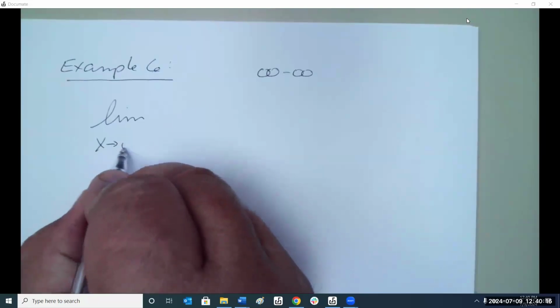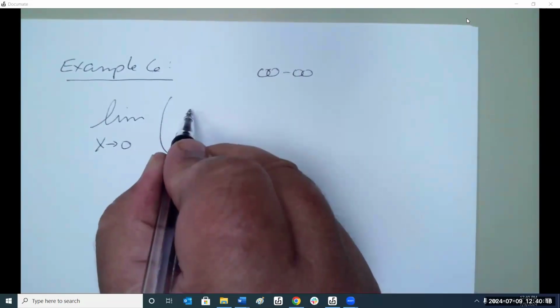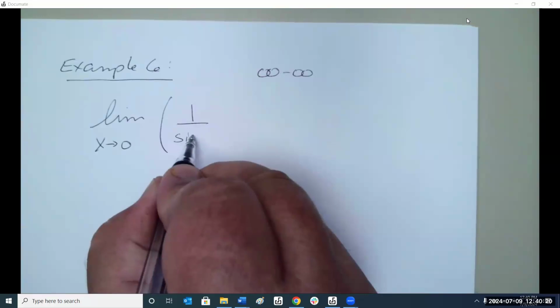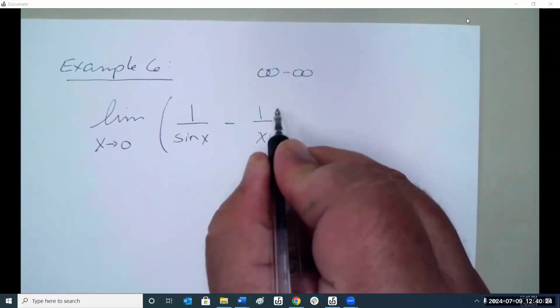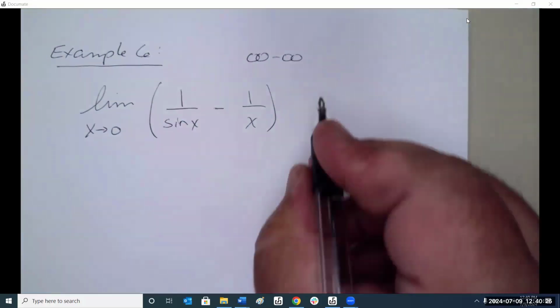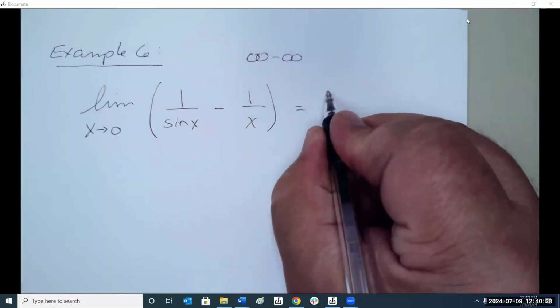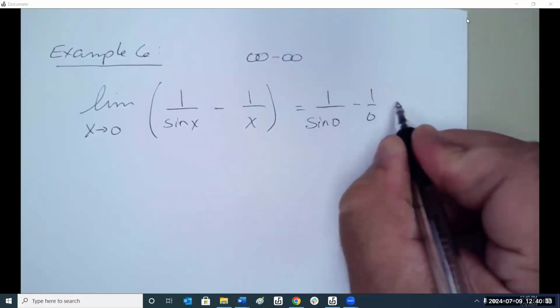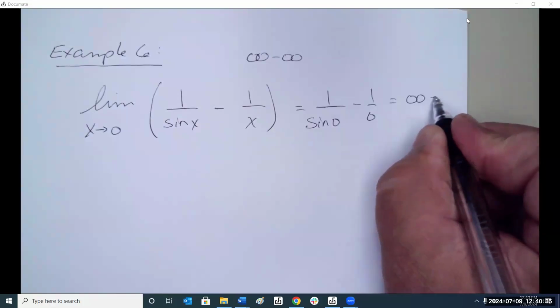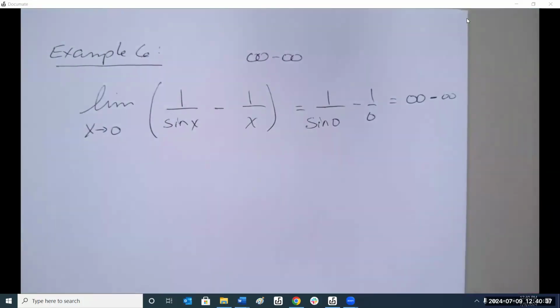As x approaches 0, 1 over sine x, 1 over x. Infinity minus infinity. So check, we got that.